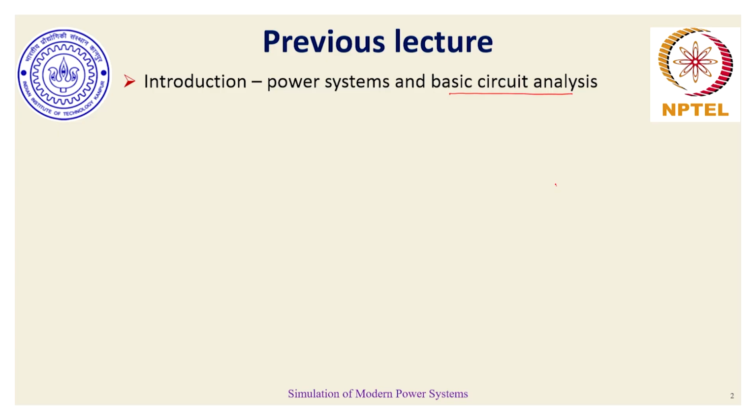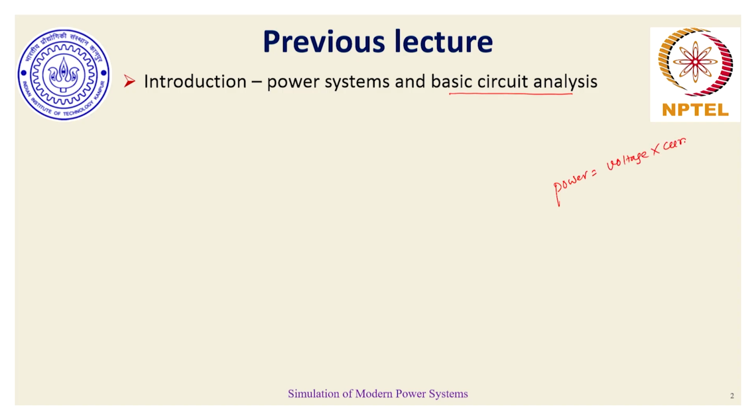But given that our sources are in terms of powers, the usual circuit analysis principle cannot be straightforwardly applied to a given power network, where we again have to find the bus voltages and the line currents. We end up with a nonlinear formulation, essentially because power is the product of voltage and current.